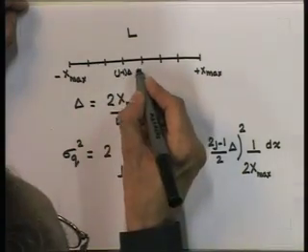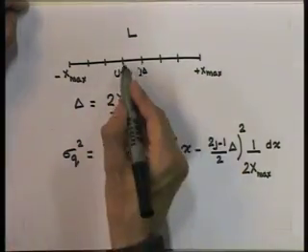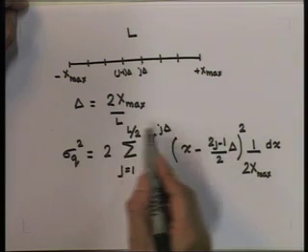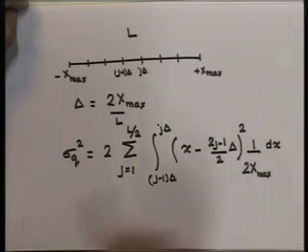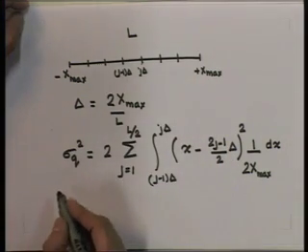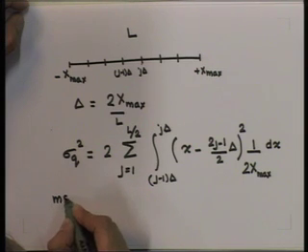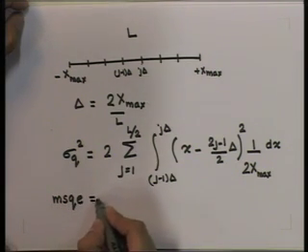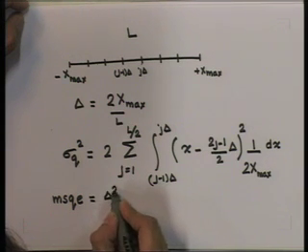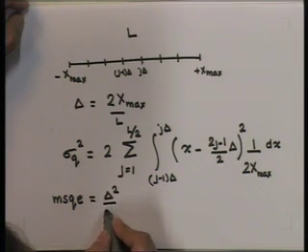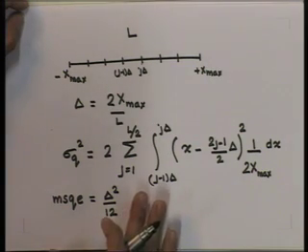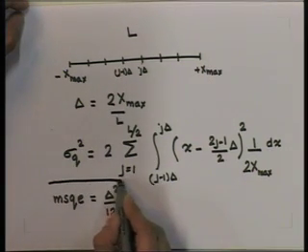The jth interval is given by these boundaries. Now, if we evaluate this integral, we find that the mean square quantization error is equal to delta squared by 12.